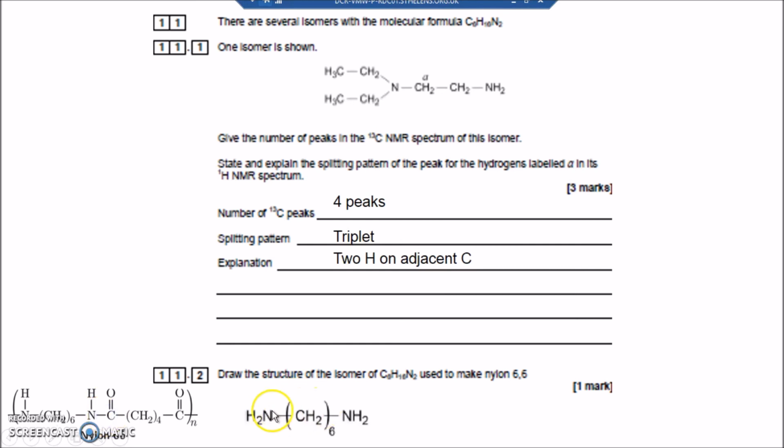So that's the formula of the monomer used to make nylon 6,6, reacting with another monomer with 6 carbons and 2 carboxylic acid groups at either end, or 2 acyl chloride groups at either end.